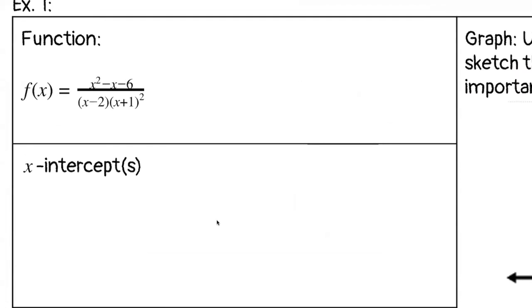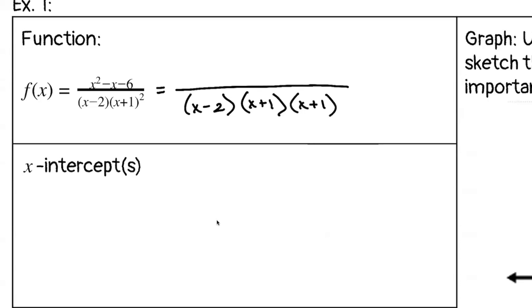The denominator is already taken care of for us. We've got an x minus 2, we've got an x plus 1, and in fact, we have x plus 1 squared. Take a moment, factor that numerator. Let's see what we get.